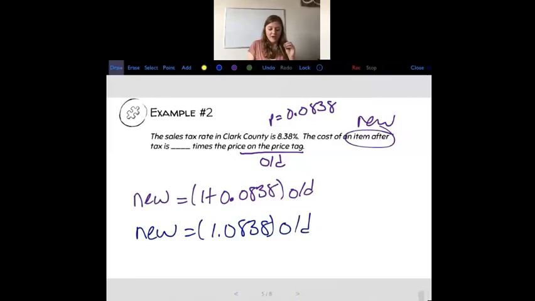Okay, so meaning that whatever your price tag is showing on the shelf, when you walk out of the store, if you want to know exactly how much you're going to pay, multiply the price tag number by 1.0838. So in this case, the cost of an item after tax is 1.0838 times the old.